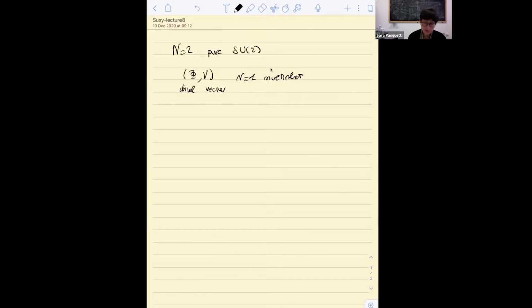And so we wrote down the N=2 SUSY Lagrangian for this theory, and we then argued that if we want to write down the most general non-renormalizable N=2 effective action, everything is encoded in a single holomorphic function, which is the prepotential.